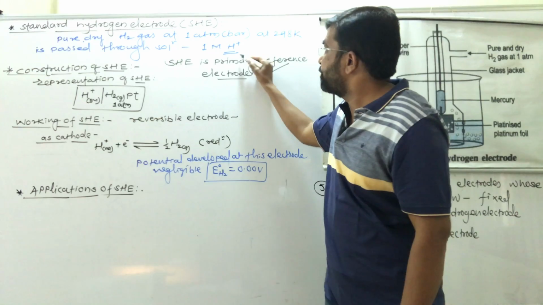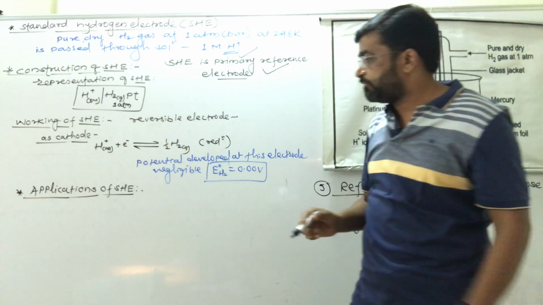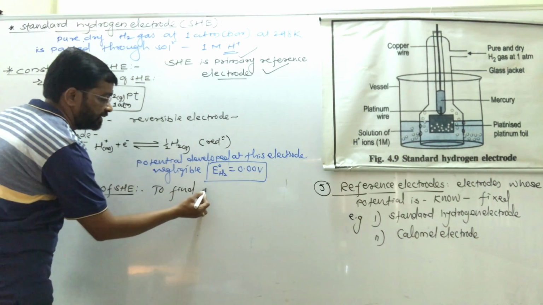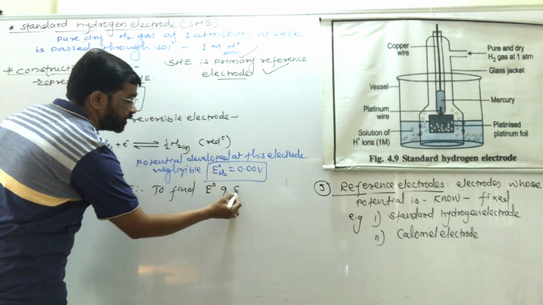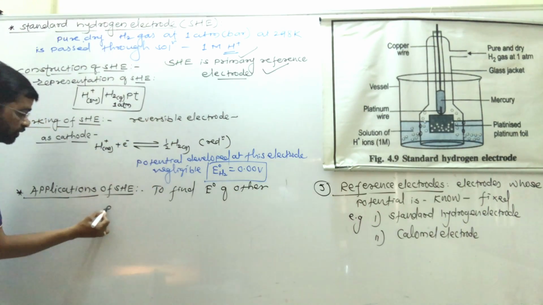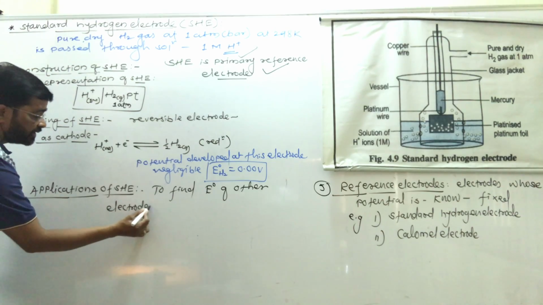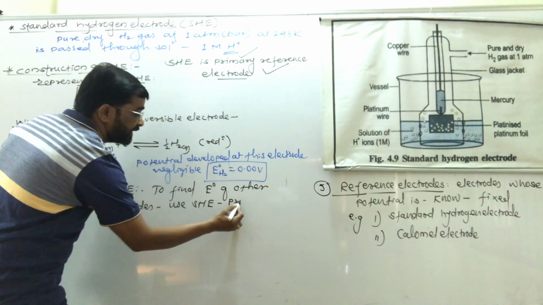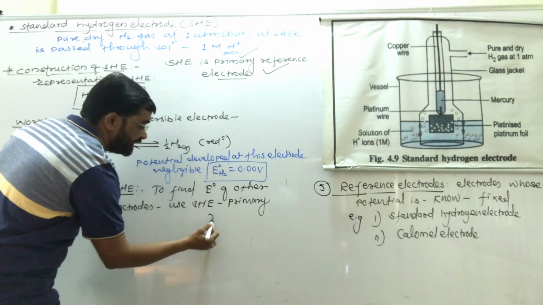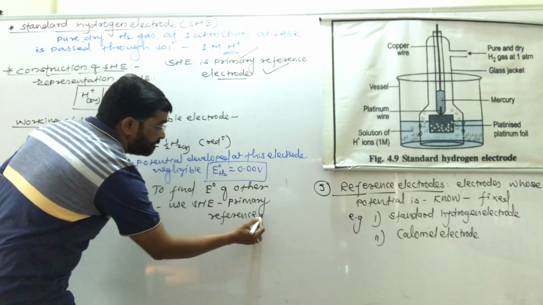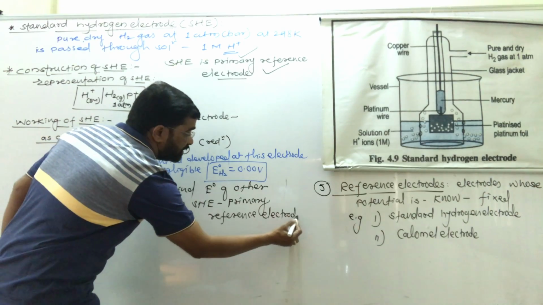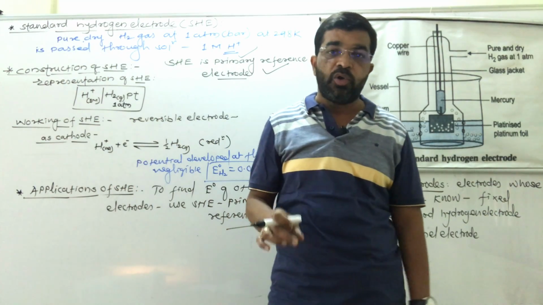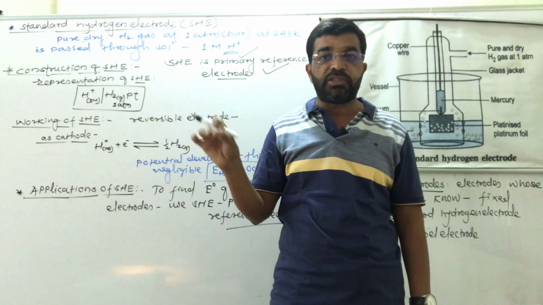So it is a primary reference electrode, and therefore to find the reduction potential of other electrodes, the standard hydrogen electrode is used as a primary reference electrode to find out the values of all other electrodes.